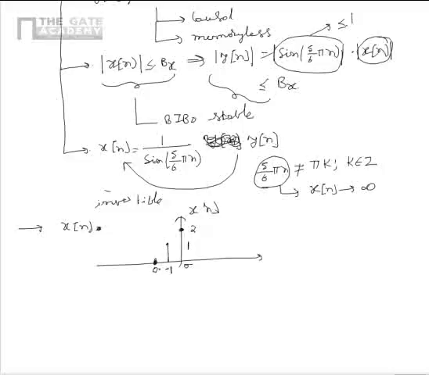At n equal to minus 1, its value is 1. At n equal to minus 2, its value is 0, and so on. Similarly, at n equal to 1, its value is 0. At n equal to 2, its value is 1.